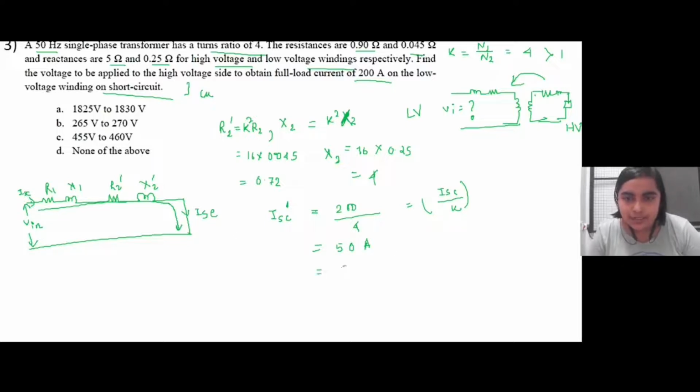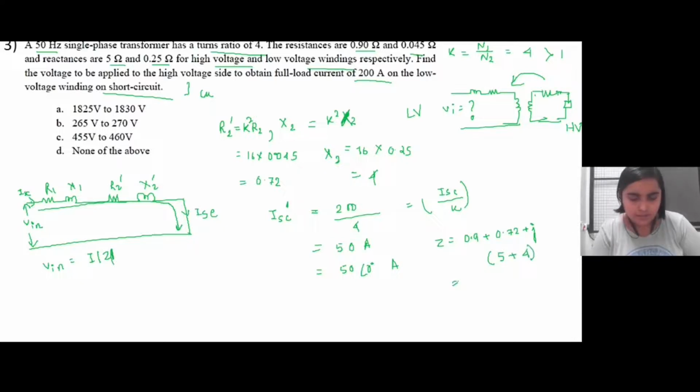Angle is 0 degree because there is no other J component here. Now, in order to calculate V in, what we need is I into Z, right? So let us calculate the equivalent Z. Z is equal to R1, which is given as 0.9, plus R2 dash, which is 0.72, plus J into the given primary reactance 5 plus X2 dash which is 4.